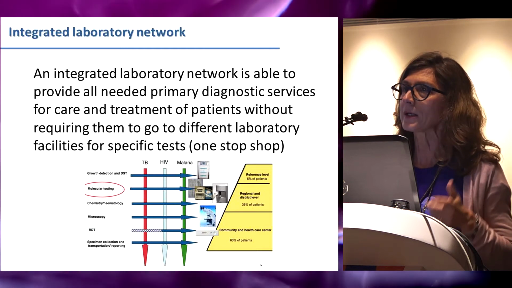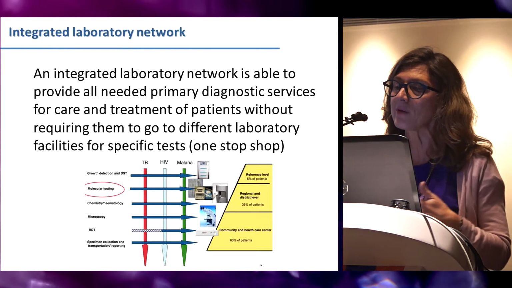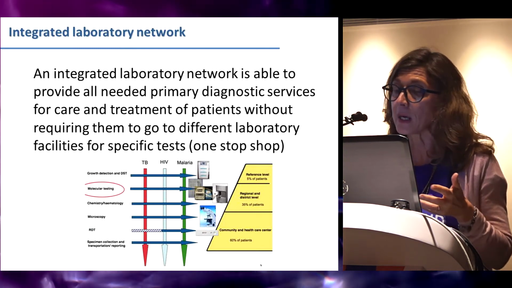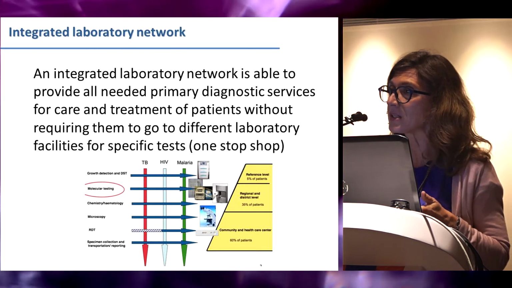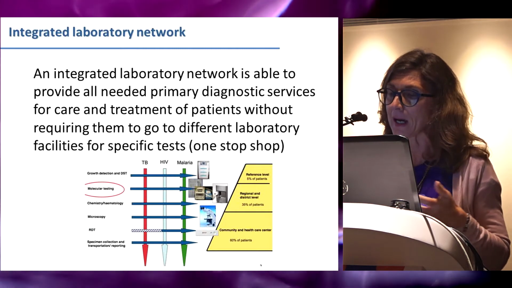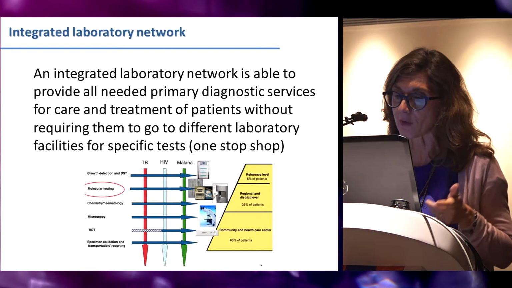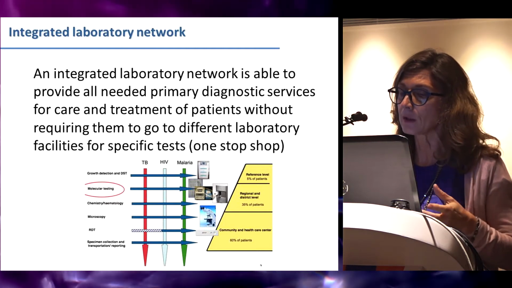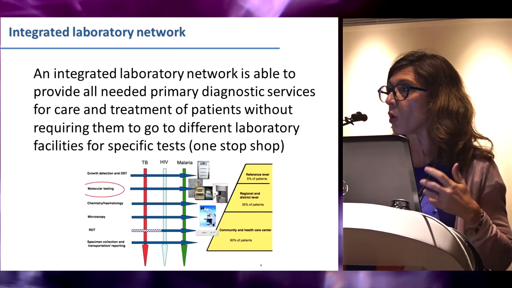In an integrated laboratory network, what do we want? We want a one-stop shop in which we have all the primary diagnostic services, not only for TB but really for HIV and malaria, and also the basic screening that will support in general the health system strengthening in all countries. But what we need to remember is that we cannot implement all tests at all levels.